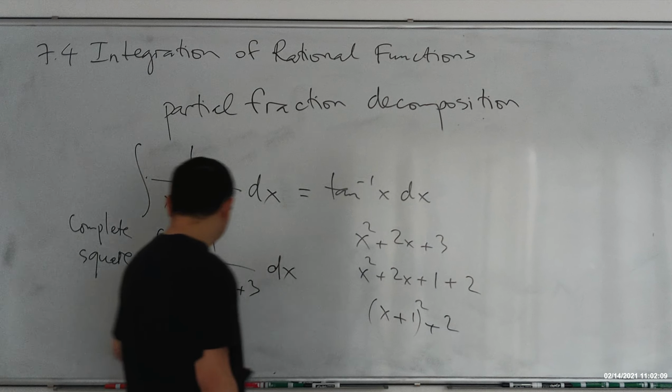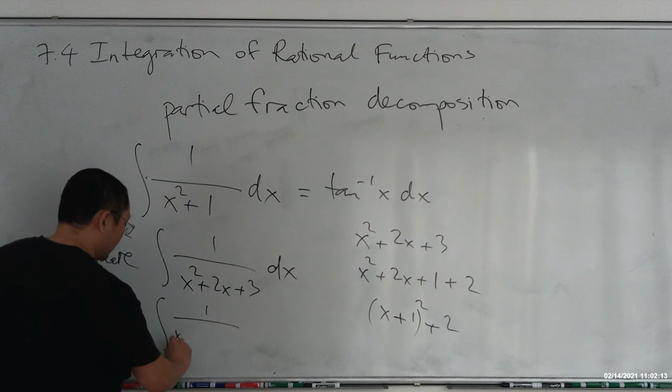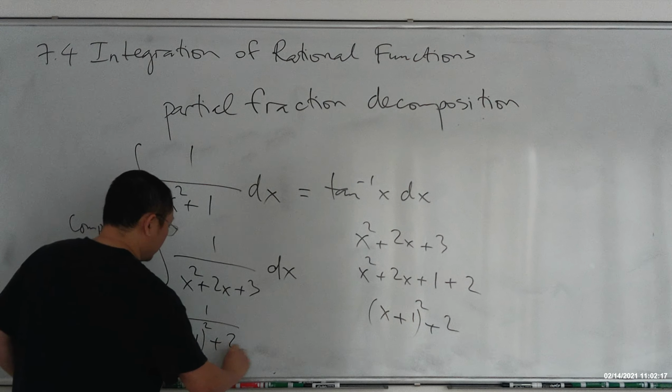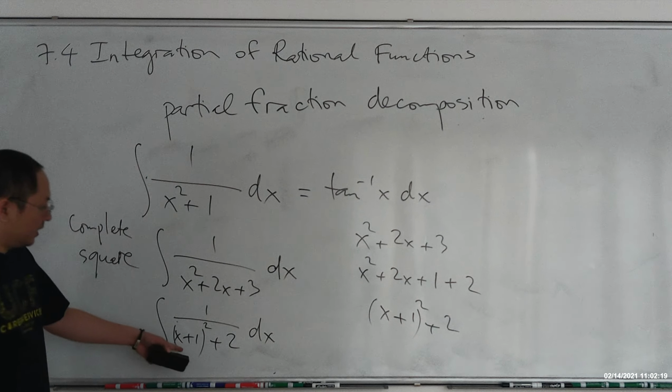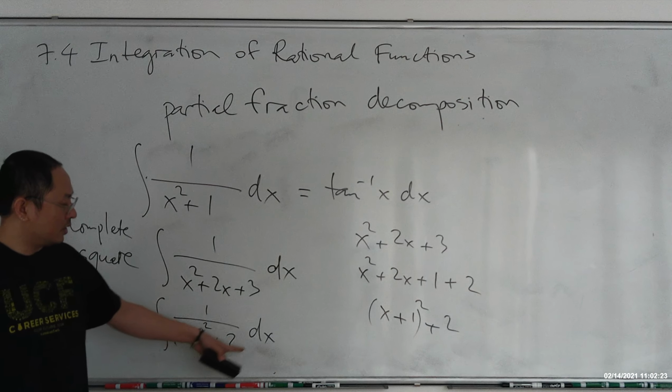So this integral is no more than the integral of 1 over (x plus 1) squared plus 2 dx. Then you do a u sub for x plus 1, and you're going to have 1 over u squared plus 2 du.